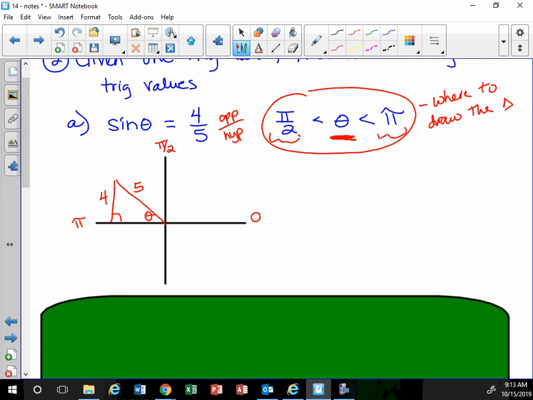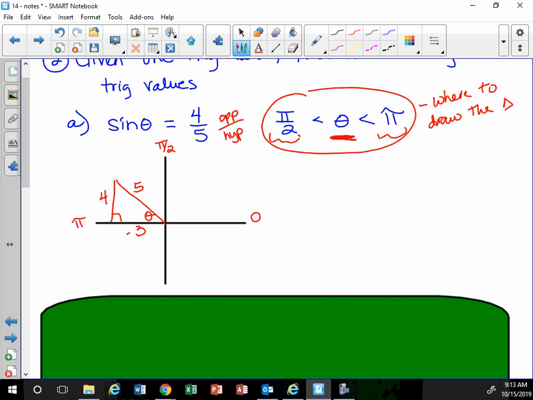So what will the other side of my triangle be? 3. How about negative 3? Do you understand why it would need to be negative? You see when we're in the second quadrant, we're going left, which is negative, right? That x value is negative there. Okay, so just be really careful with your signs.